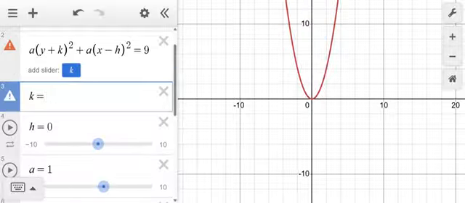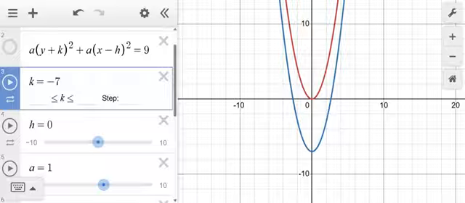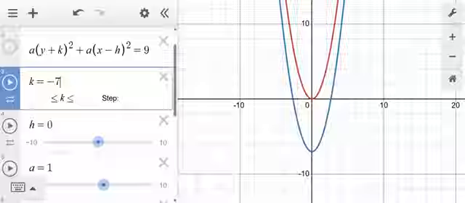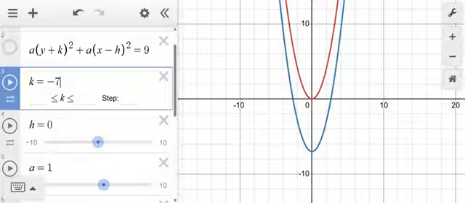If I write minus 7, give me your parent parabola, your parent function. What does minus 7 do to your parabola? Let's see if you're right. Minus 7. Boom! Congratulations. Okay. This is a translation. Is it a horizontal translation or a vertical translation? Vertical. It's a vertical translation, moving up or down. That is all that this K value does.